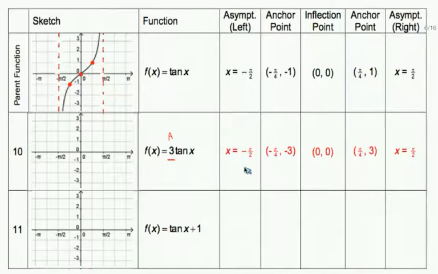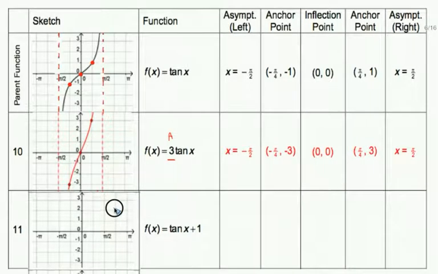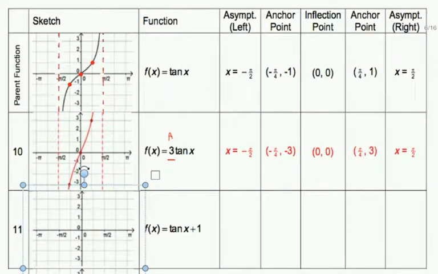So your asymptotes are the same, and really it was just the y values that changed. So you'll end up with a graph that looks like that. Notice that this point here went down to negative 3, this point here went up to positive 3, and everything else stayed the same.